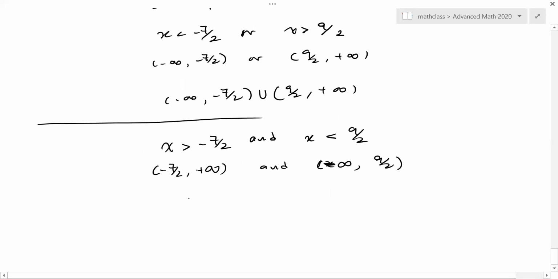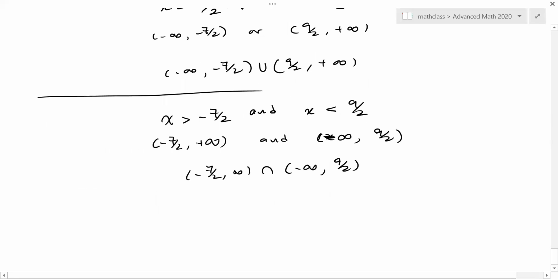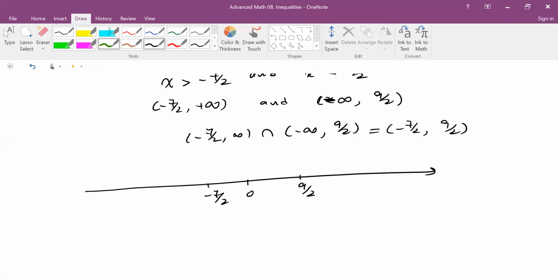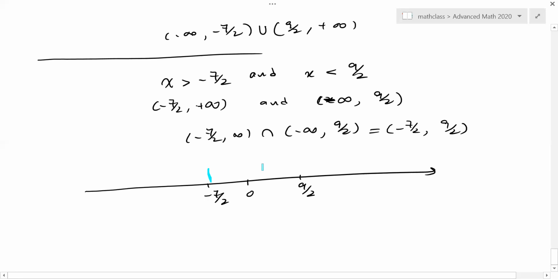So that is equivalent to x being in the intersection of those two intervals. Now the intersection of those two intervals can actually be combined into one interval, which is going to be negative 7 over 2, 9 over 2. Now why? Let me explain to you. Okay, this is 0, that's 9 over 2, that's negative 7 over 2.